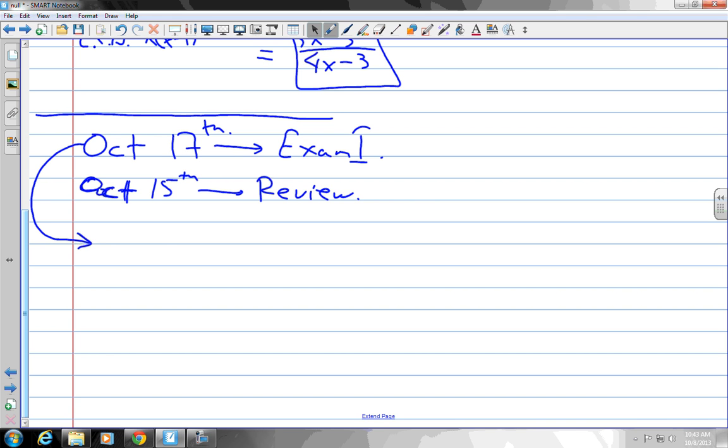Will you get a review worksheet? I don't know. Because it's just stapling old worksheets together. Expect anything on that test, but no surprises, because I'm not going to pull up a problem that you haven't seen before. Maybe for extra credit or something.